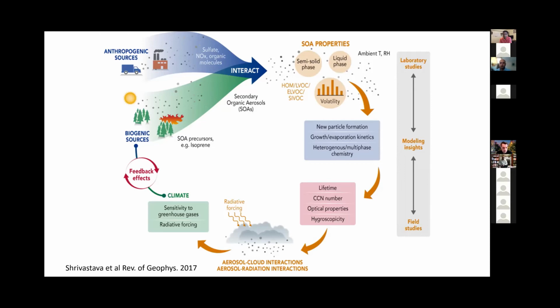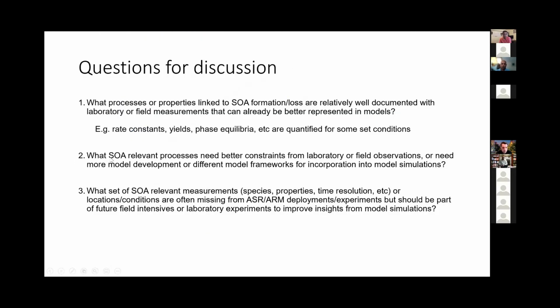So questions for discussion can be summarized as follows. You can use these as a launching pad, or like I said, if you have your own questions you want to explore in the breakout session, feel free to raise them. What processes or properties linked to SOA formation and or its loss are relatively well documented within laboratory or field measurements that can already be better represented in models but are not being represented in models, for example?